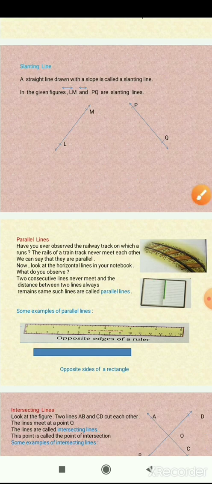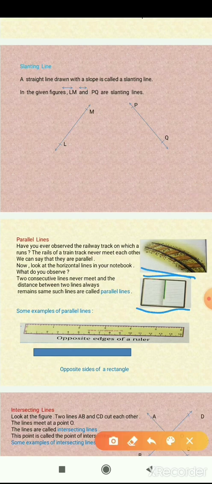Now look at the horizontal lines in your notebook. These are the horizontal lines. If you observe the horizontal lines in your notebook, book, table, bench, window or door, what do you observe? Two consecutive lines never meet, and the distance between the two lines always remains the same.